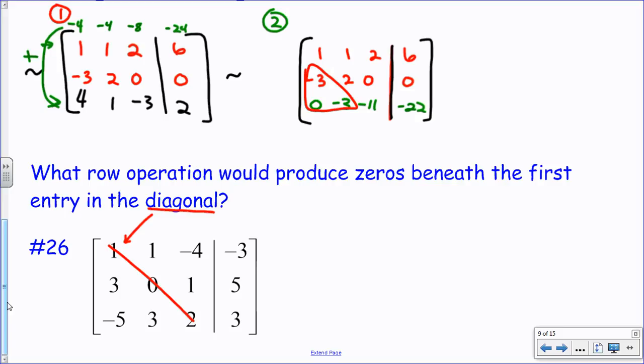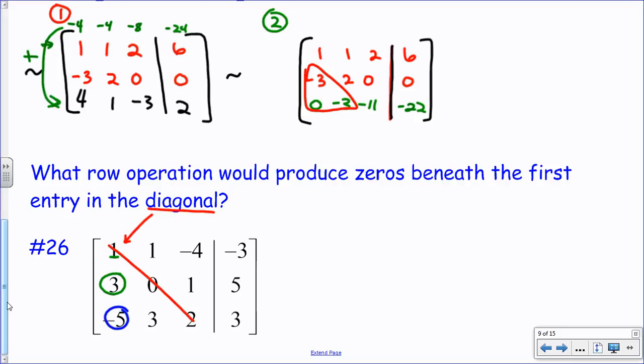So 1 is the first entry. So how could I get a 0 here and a 0 here? I would want 1 here as well, but I can't really figure that out until I have zeros in the other 2 places. So we'll just talk about how we get zeros there.